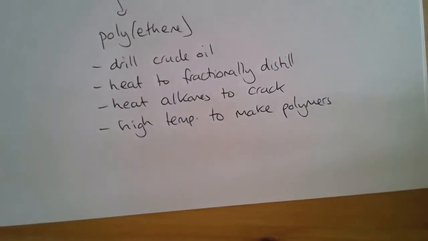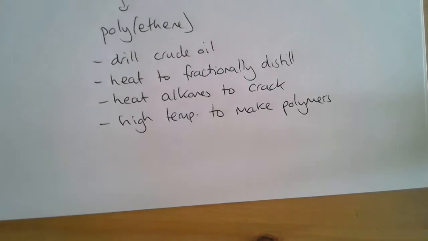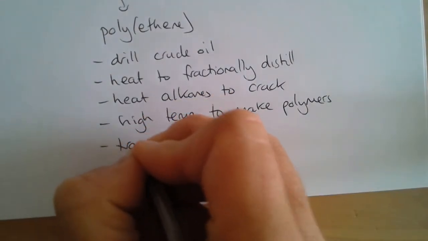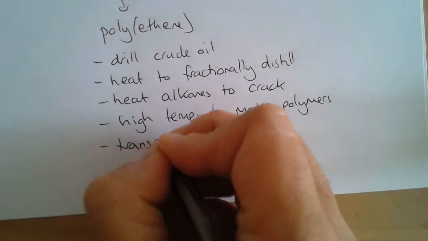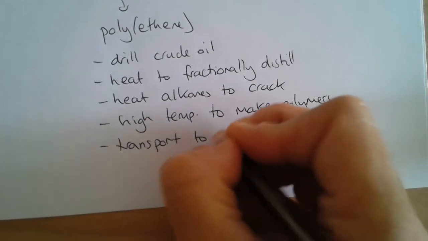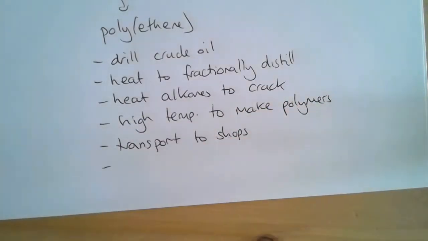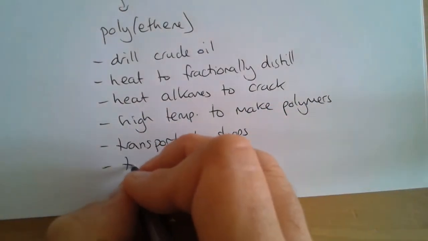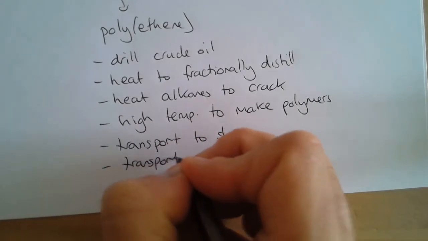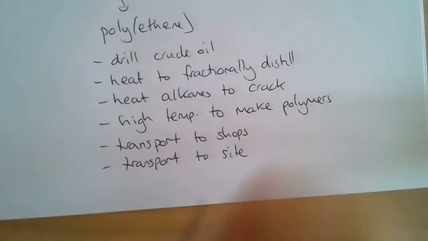And we've also then, once we've made our polymers, we've got to transport them to the shops. And then at the end of it, we've got to transport to waste sites. Once we've finished using the plastic bags, they've got to be transported either to a recycling centre or to an incinerator or to landfill.